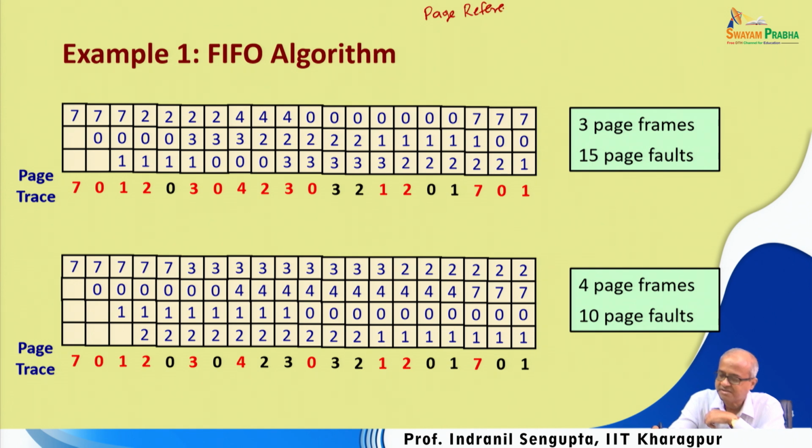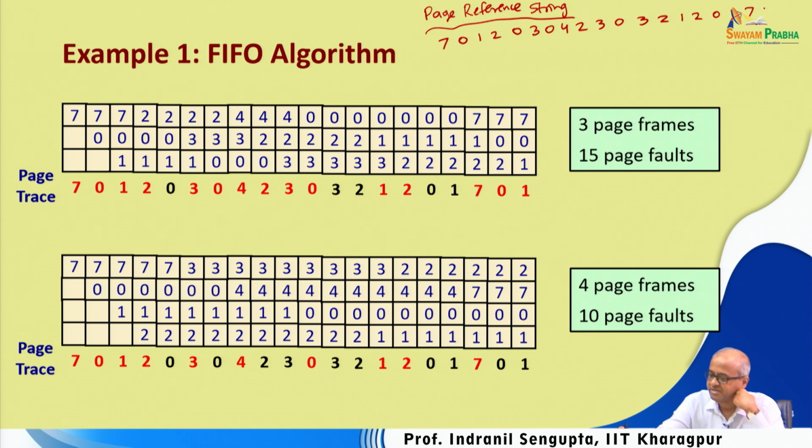What reference string are we using in this example? I am writing it down: 701203042231201701. So, this is a long page reference string which we are using in our experiment.